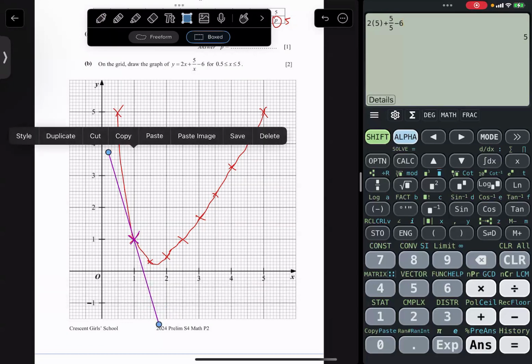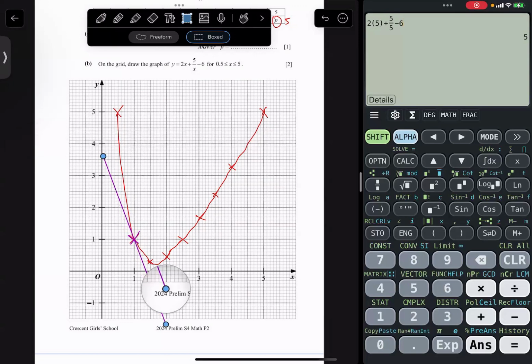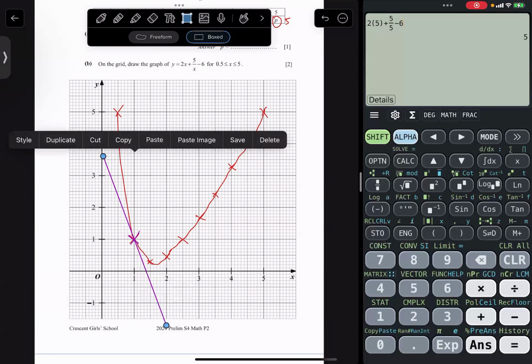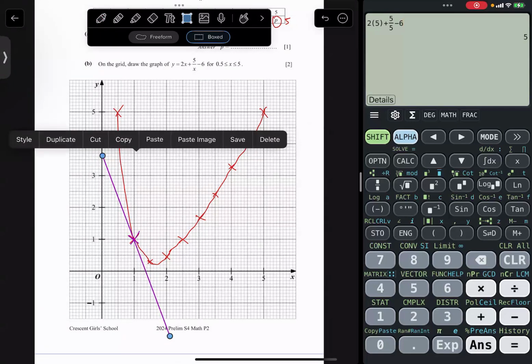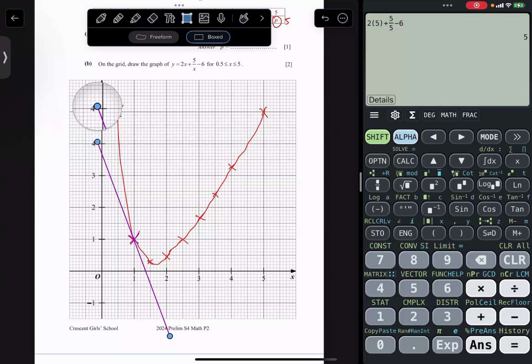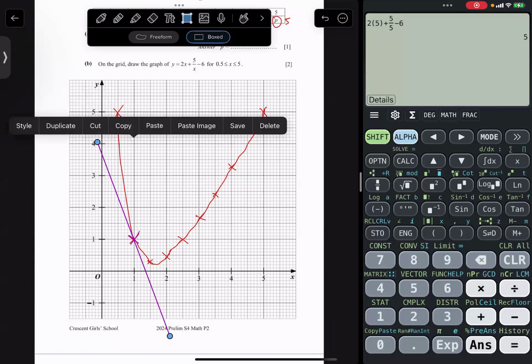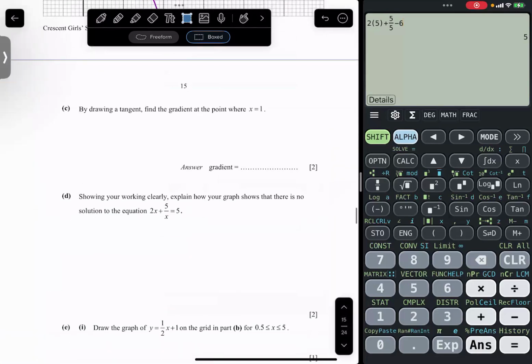This is probably not accurate. And this should be fine. Okay. So now, okay, find the gradient.